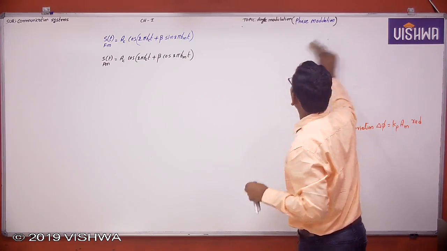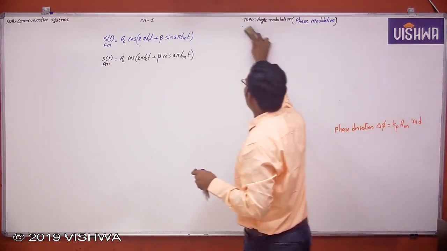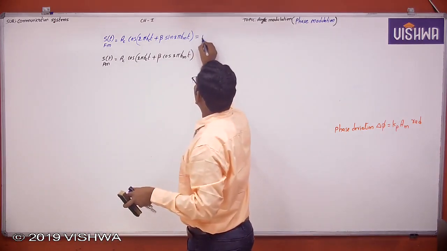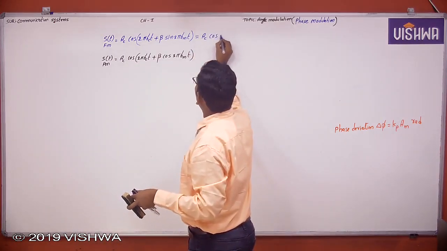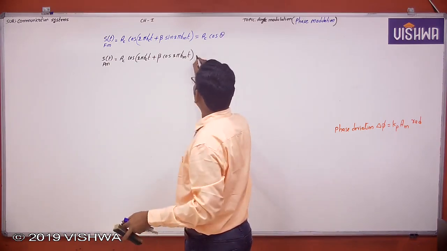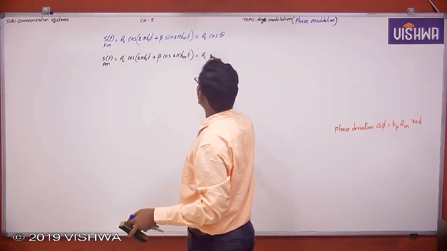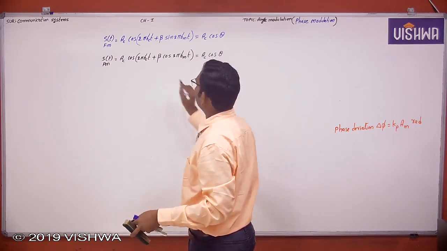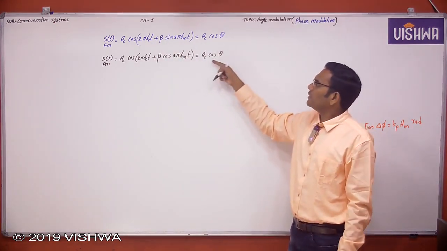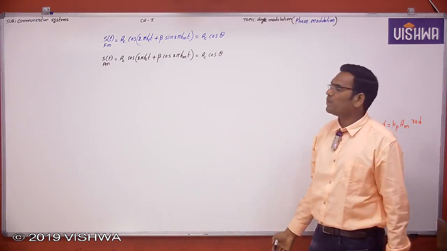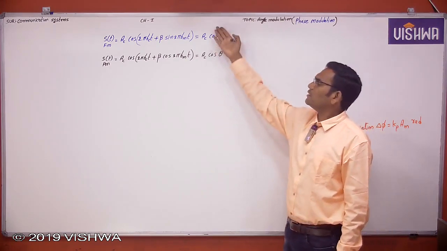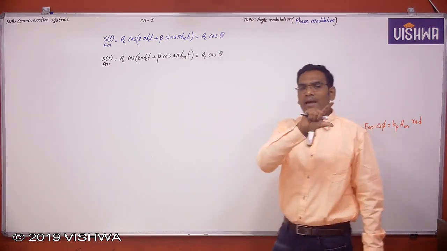Because PM and FM are similar, the magnitude spectrum of PM and FM both are the same. See here, can I write this as Ac into cos of theta? Because that is the instantaneous angle. What about here? This is also Ac into cos of theta. What is the magnitude spectrum? The magnitude spectrum of FM and PM both appear to be the same. Ac square by 2R, the amplitude is the same.